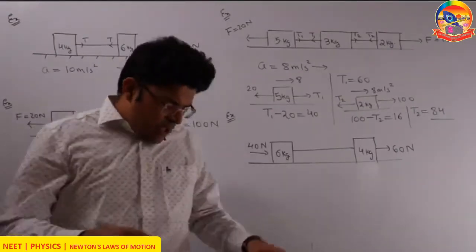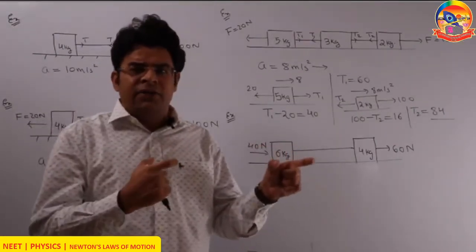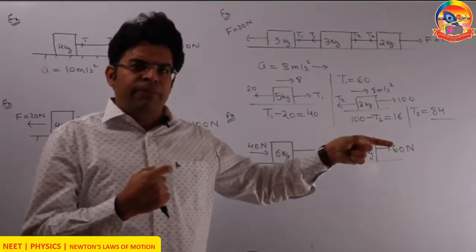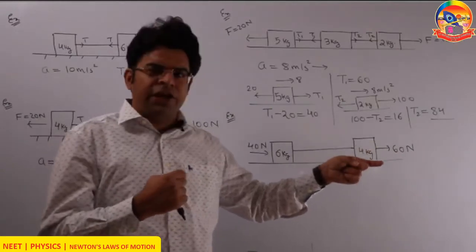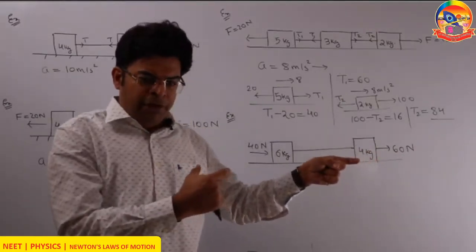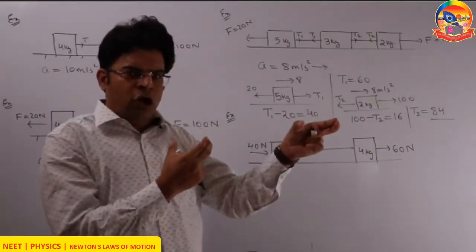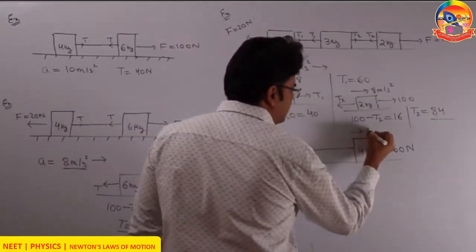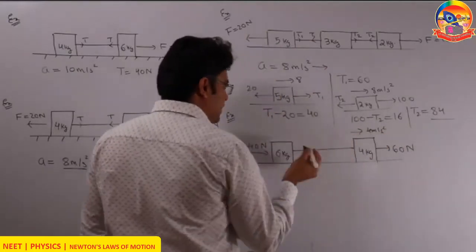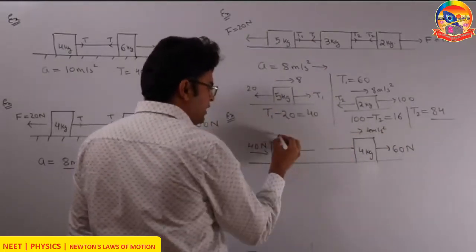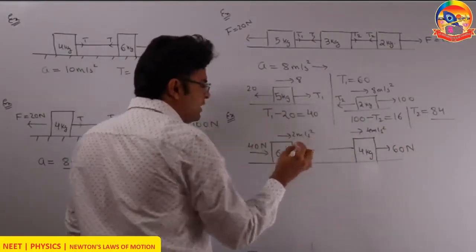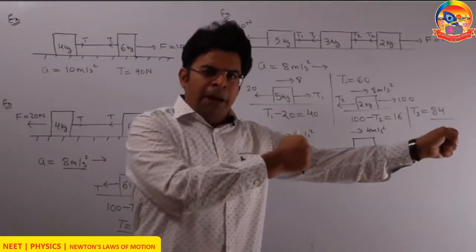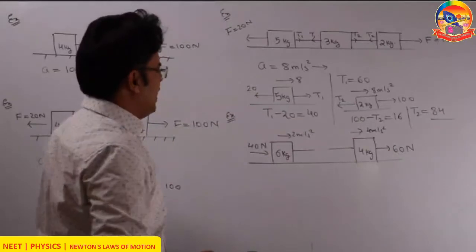See, the string will remain tight when the acceleration of the forward block has a higher magnitude than that of the backward block. Let's say these are the two blocks connected. If this block has a tendency of acceleration of 4 meter per second square, if there is no string, and this one has 2 meter per second square, then the forward block will try to pull the backward block and they will move with the same acceleration.